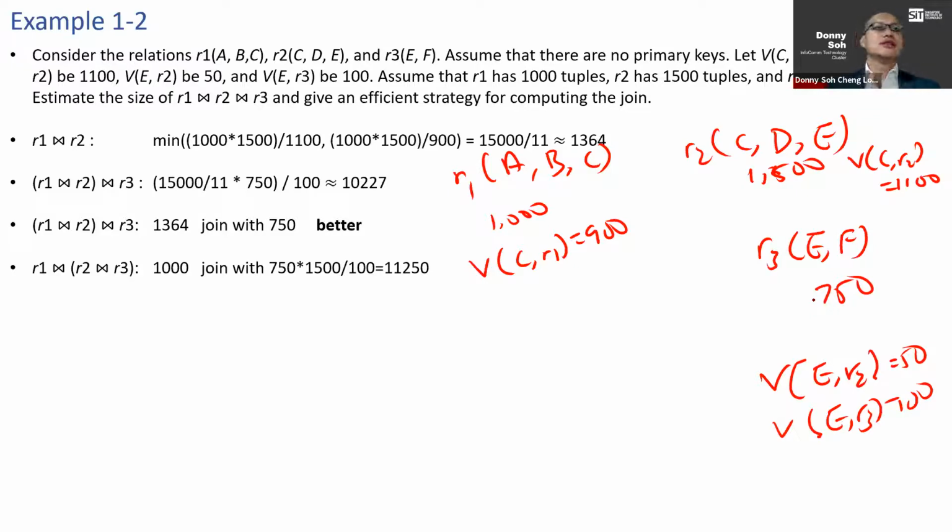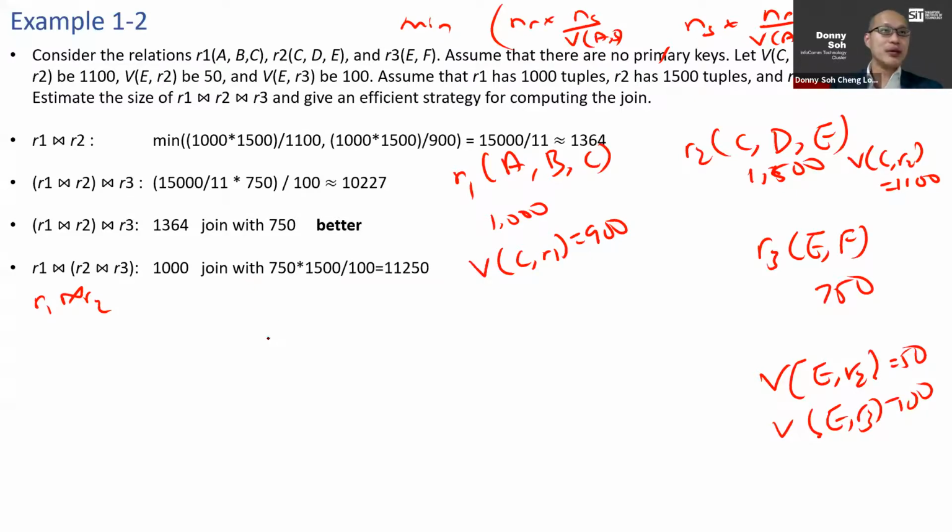Okay, let's look at this question. The first thing we want to do is R1 join with R2. Because this is not a join on a key, we have to find the minimum value of this join. Based on the formula, NR times NS divided by V of A in S, and NS times NR divided by V of A in R, and it's the minimum of the two.